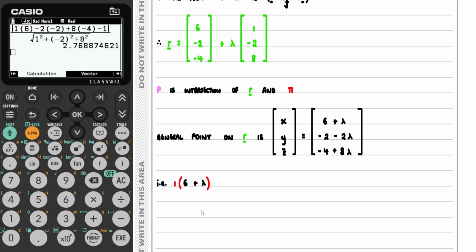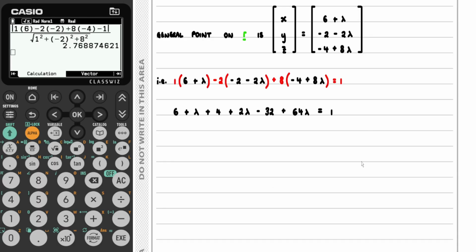So we have 1 multiplied by 6 plus lambda, subtract 2 multiplied by negative 2 subtract 2 lambda, plus 8 multiplied by negative 4 plus 8 lambda equals 1. So we have 6 plus lambda plus 4 plus 2 lambda subtract 32 plus 64 lambda equals 1. So we have 69 lambda equals 23, meaning lambda is equal to a third.